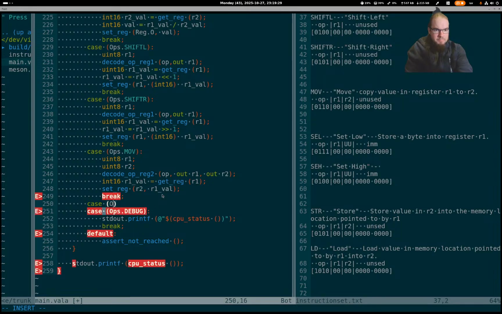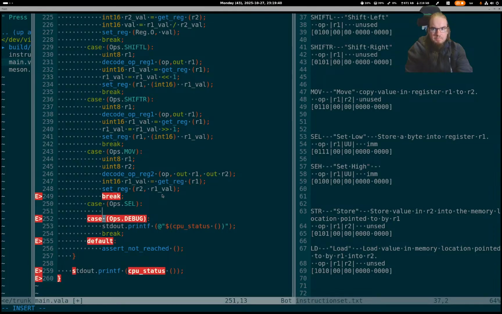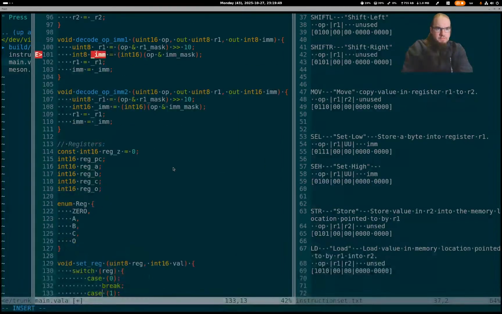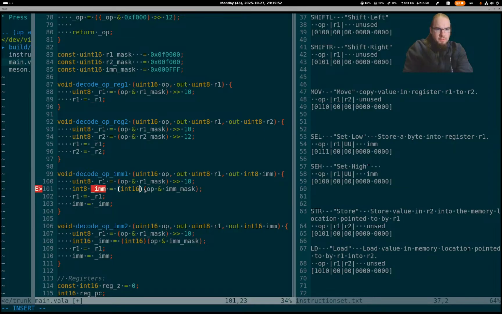Case. Cell. Yeah, I forgot to change the values here. It should be 12. Yeah, 12. Right?